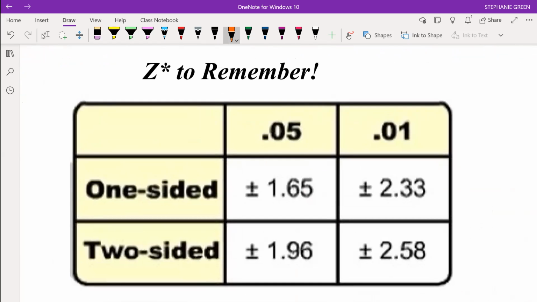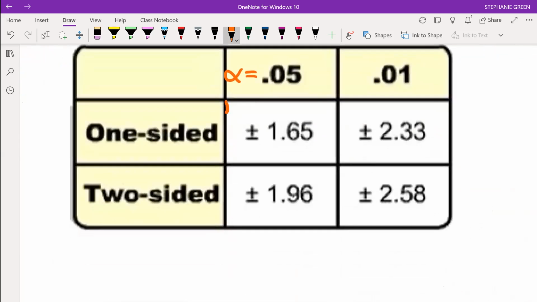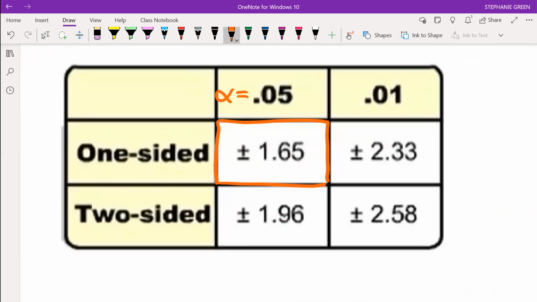At a 0.05 significance level, for a one-sided test, we need our z-score to exceed this value in order to be statistically significant. So we had positive 1.8. 1.8 is greater than, it's further from 0 than 1.65.